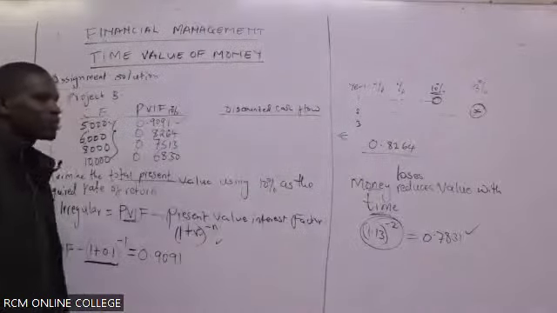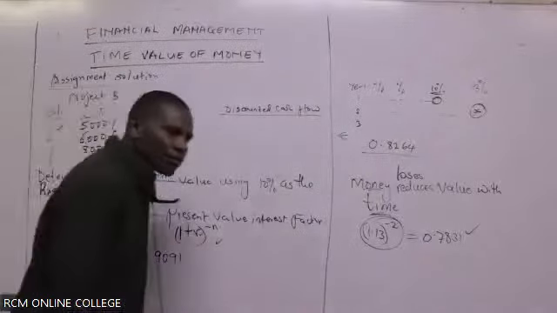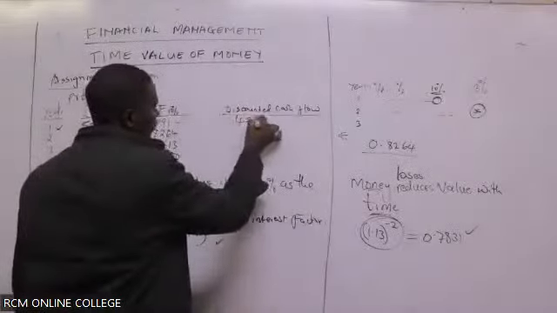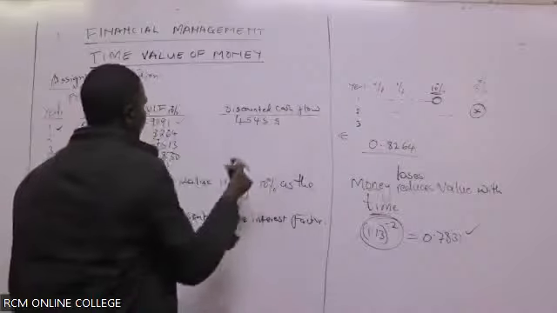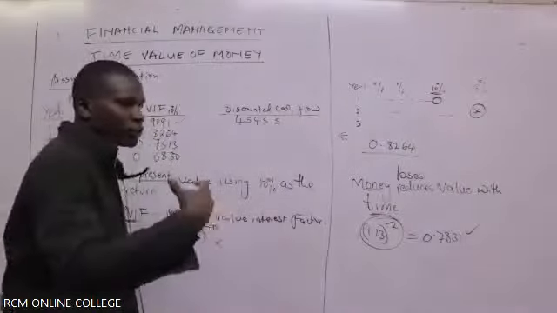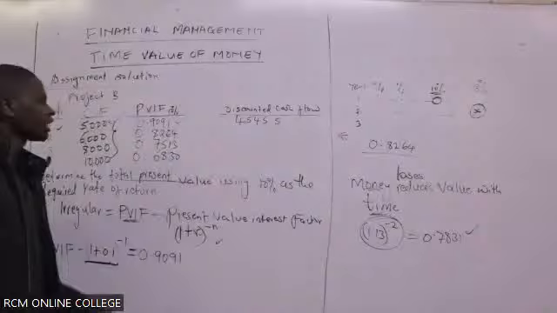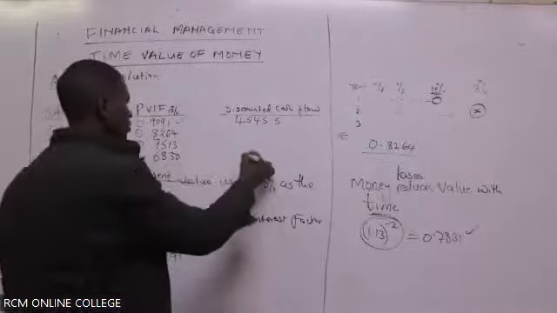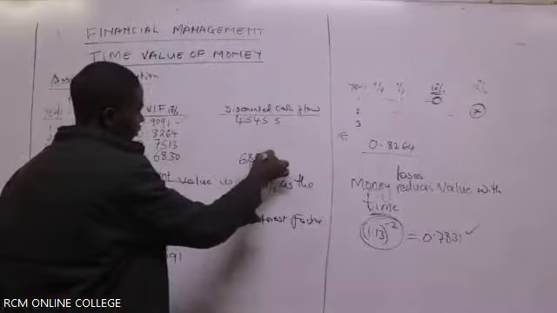That is 5,000 times 0.9091, which is 4,545.5. Second one, let's do it very fast. Somebody else should be giving me this. Of course, this one, don't tell me this is 68.30.